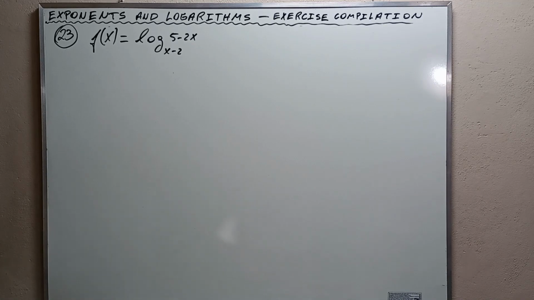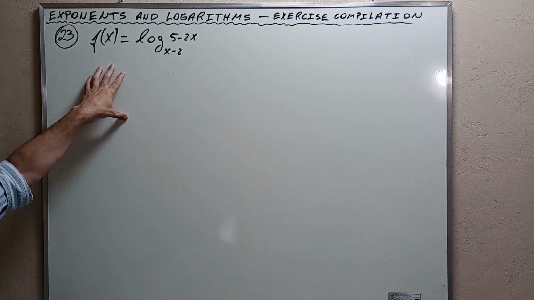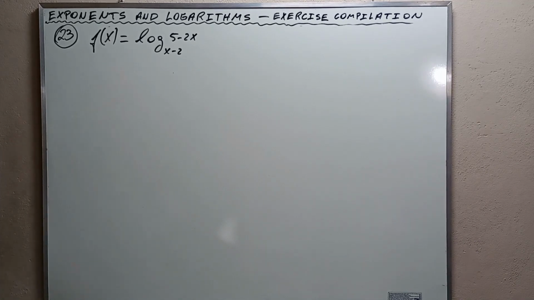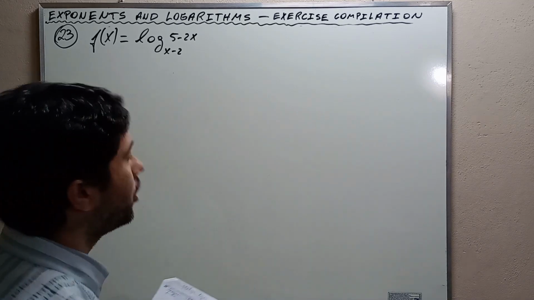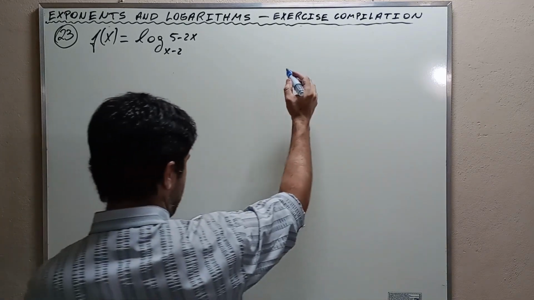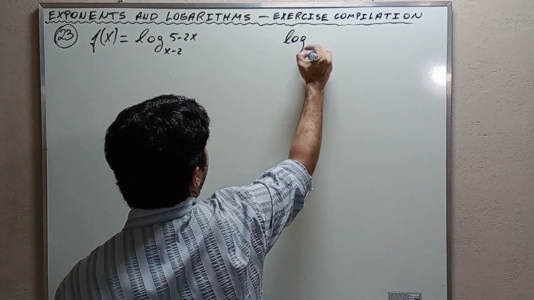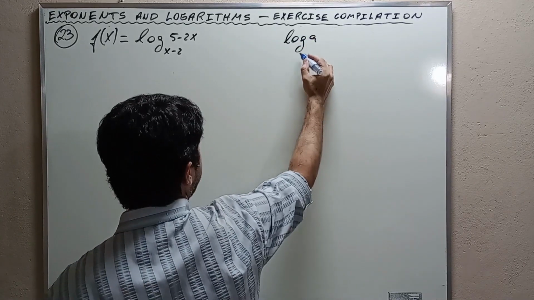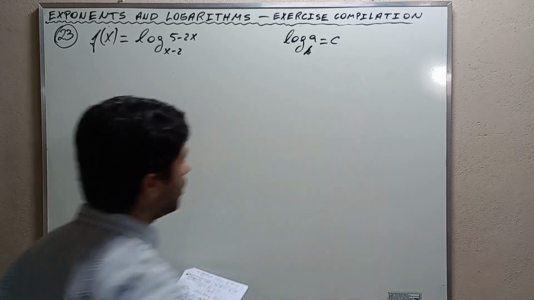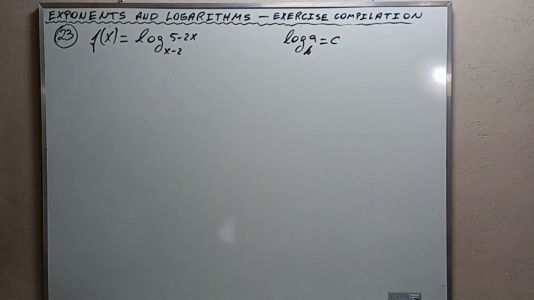Exercise number 23 now. What is the domain of this function? To solve this exercise, we have to firstly understand that by definition, the logarithm of a number a base b is equal to c.